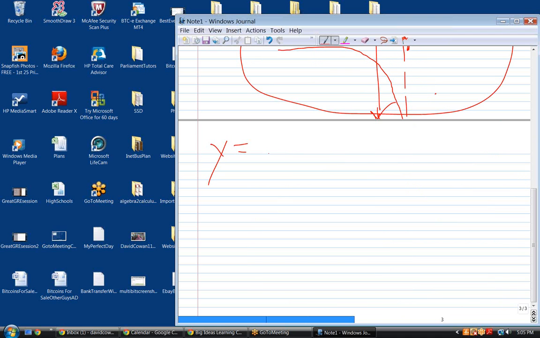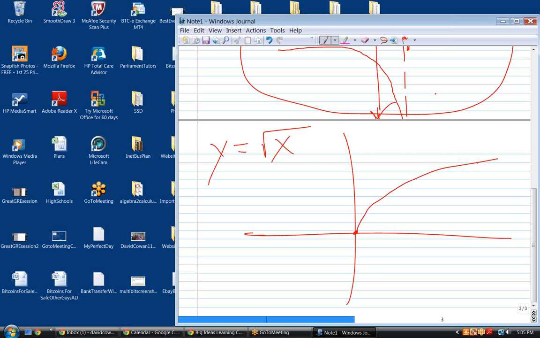y equals, well, y equals square root of x looks like this. See how we get the domain? By looking at the graph, we can see that x never gets negative. It's only positive.